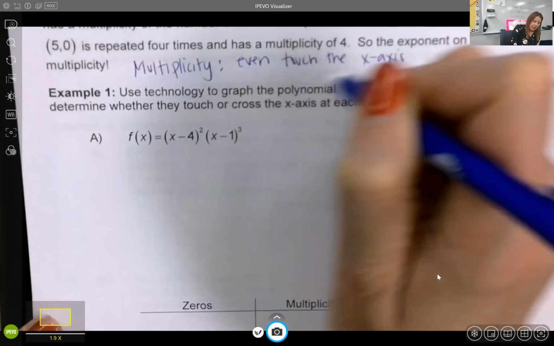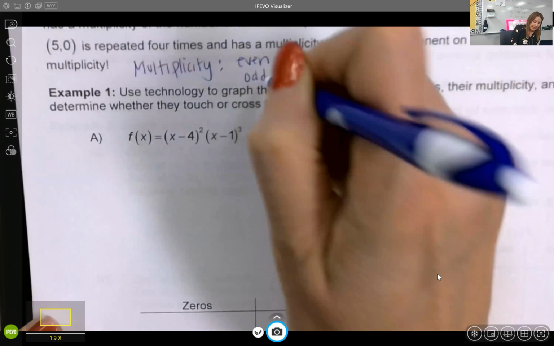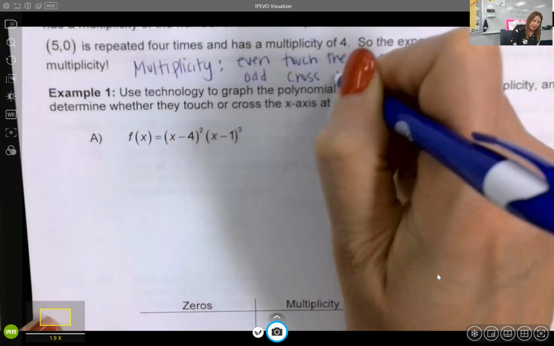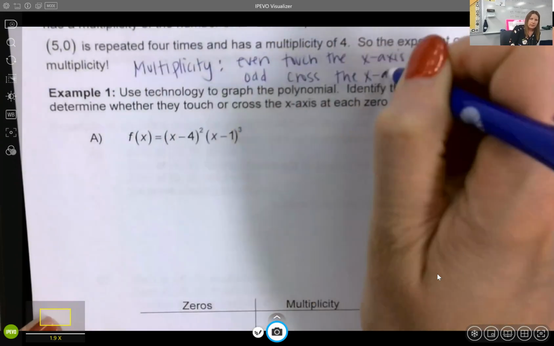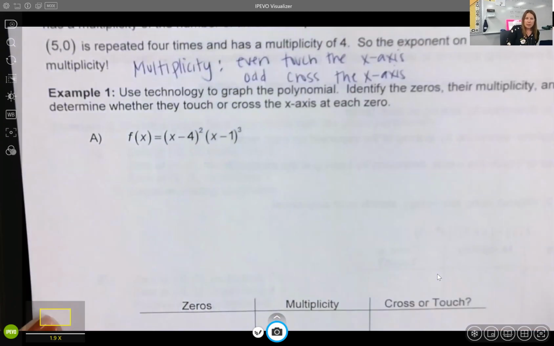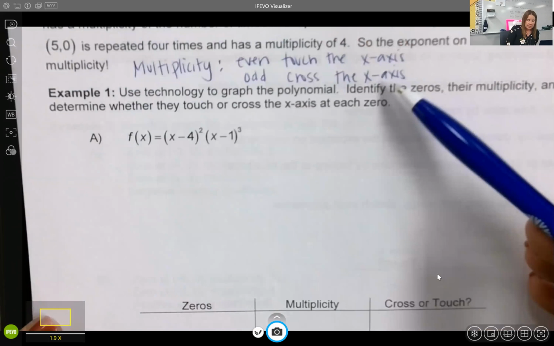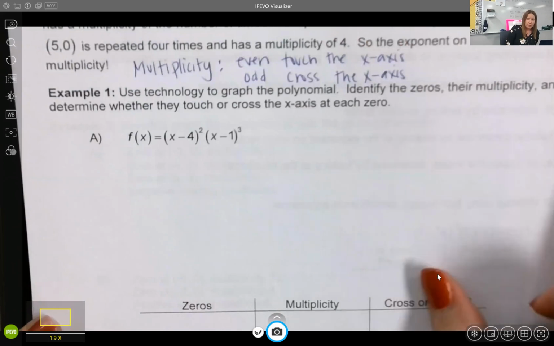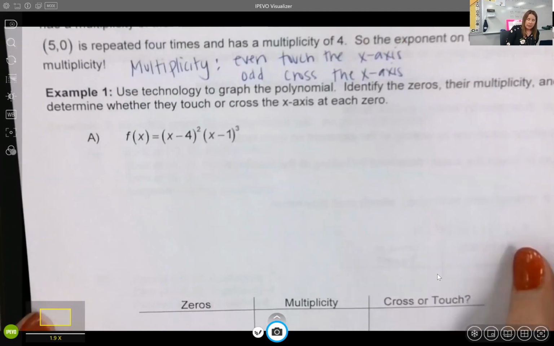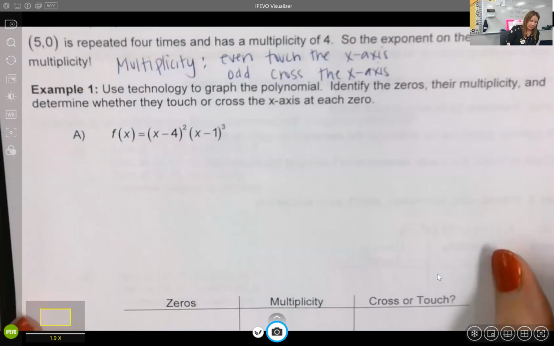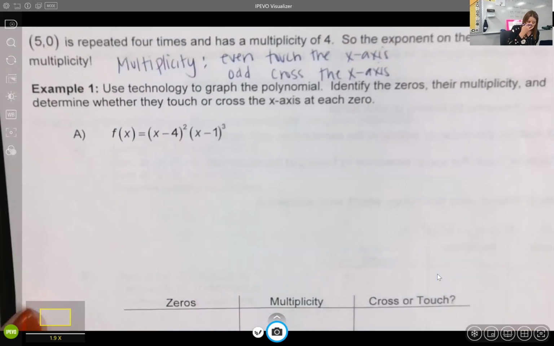Okay, but if it's an odd number, then it will cross the x-axis. Okay, so it's either going to be an even number or an odd number, and it's either going to touch or cross. And that's how we can determine what the graph will kind of look like when we're sketching a graph of it.